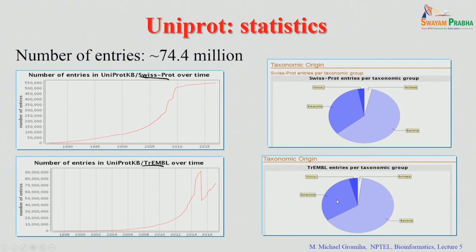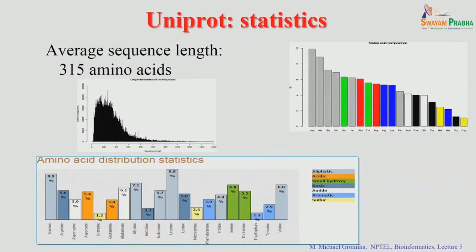Now, the question is, there are many proteins in the database, so what is the average length of the protein? It is 3115 amino acids based on all the proteins deposited in the UniProt database. Usually, if you look into the sequence length of different proteins in UniProt, you can see it is mainly this region, about 100 to 400 residues.